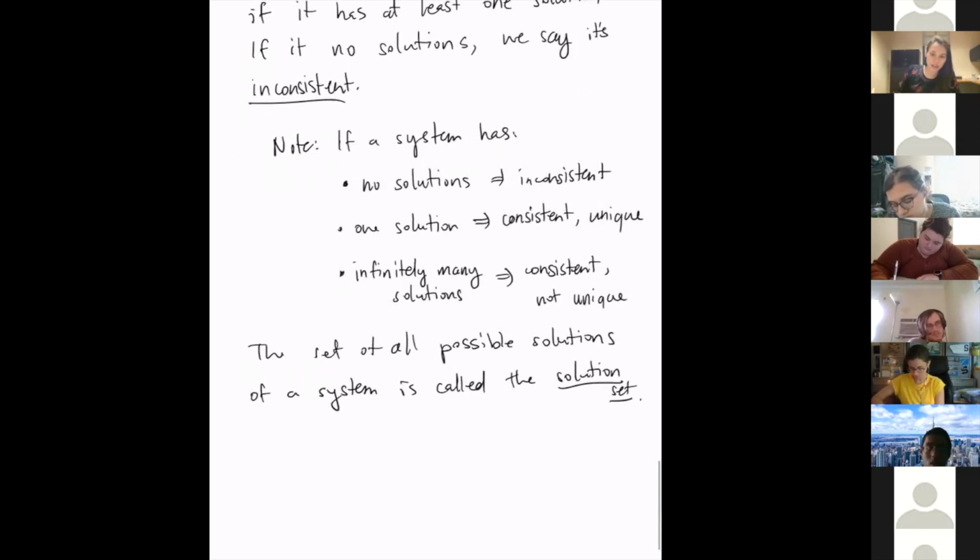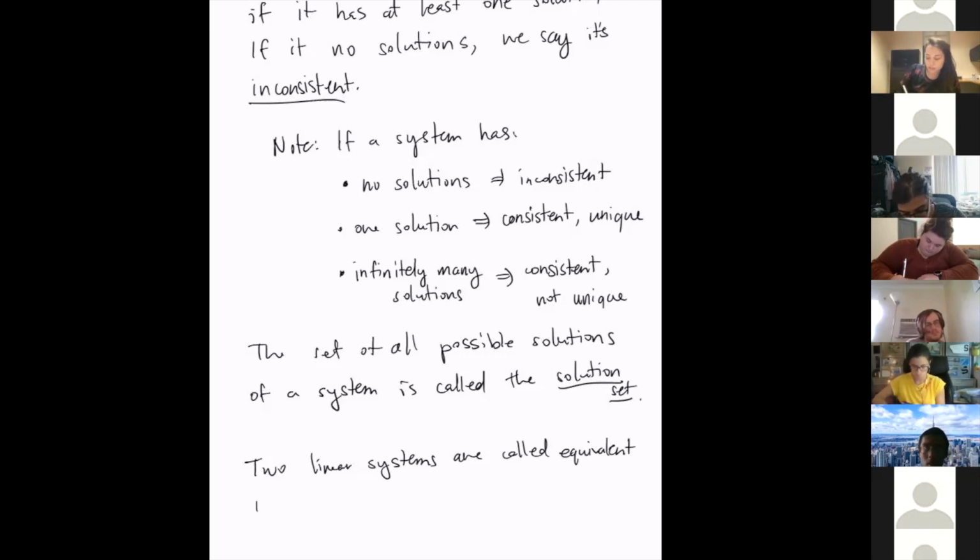And two linear systems are called equivalent if they have the same solution set.